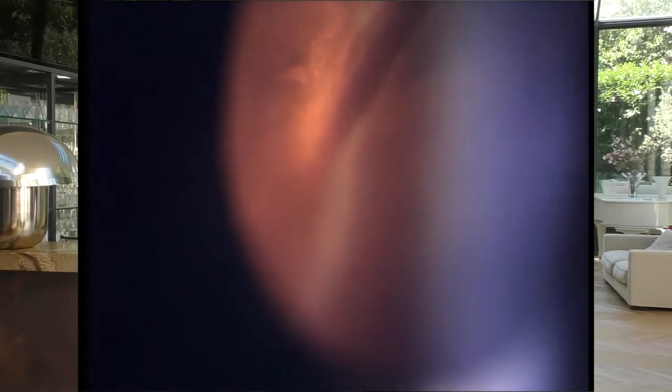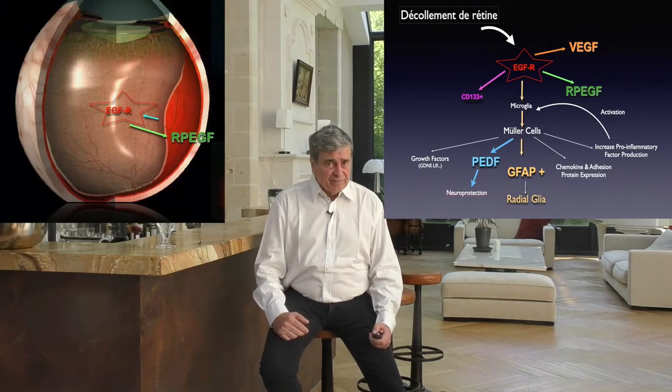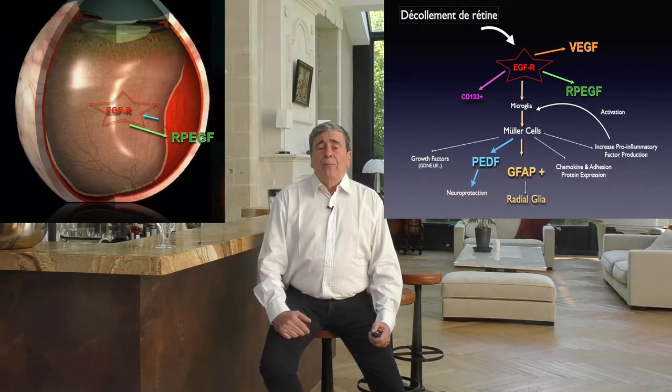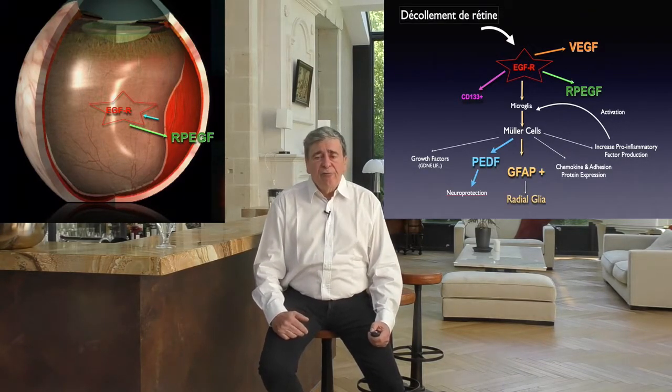But whatever the traction style, static or dynamic, the retrovitreous liquid will be able to enter through the tear and cause a detachment with, as a corollary, a stimulation of the EGFR and therefore of the PVR. The pigment epithelium will therefore proliferate.